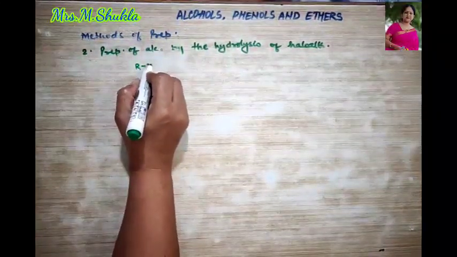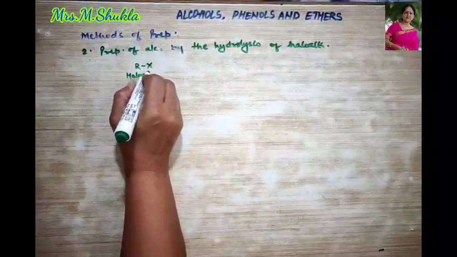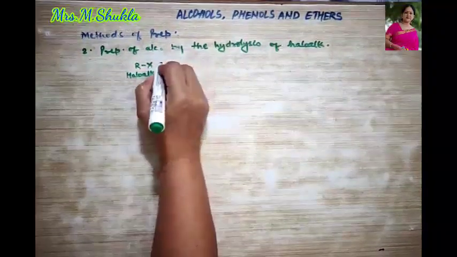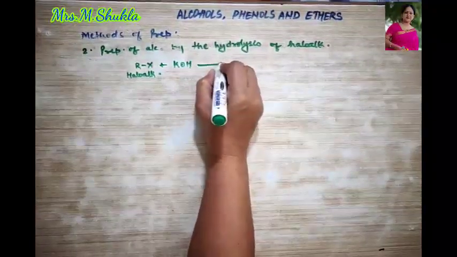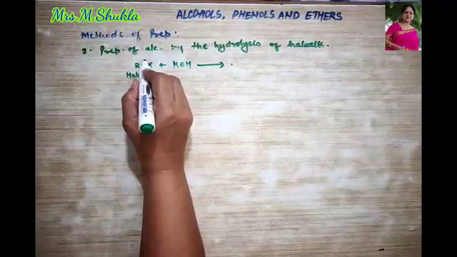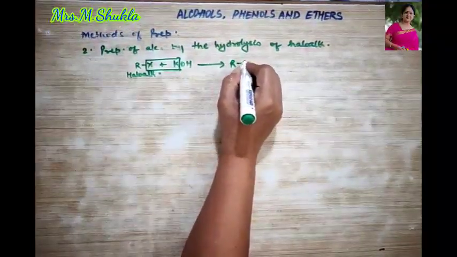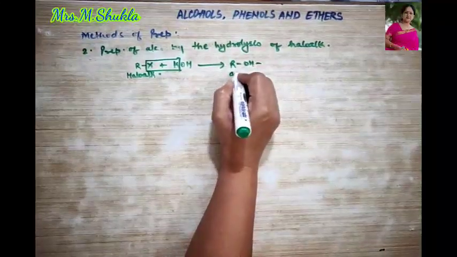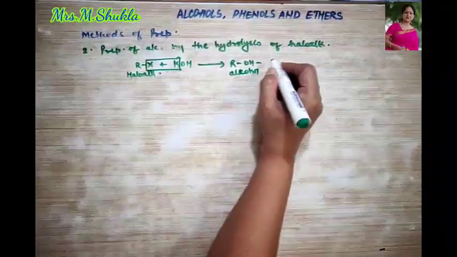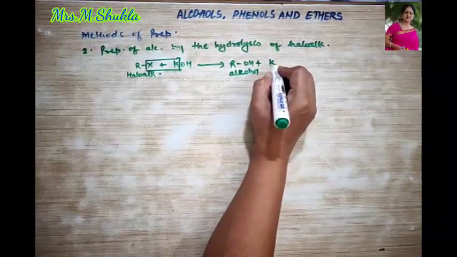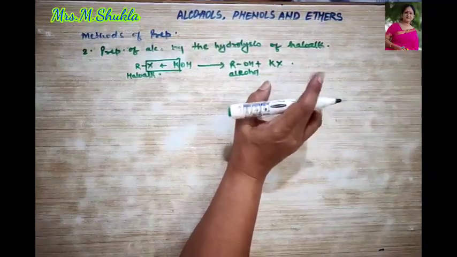So let us see the general reaction first. This is your haloalkane, and when it is treated with potassium hydroxide, it is going to give us ROH, the alcohol I was talking about, plus KX.